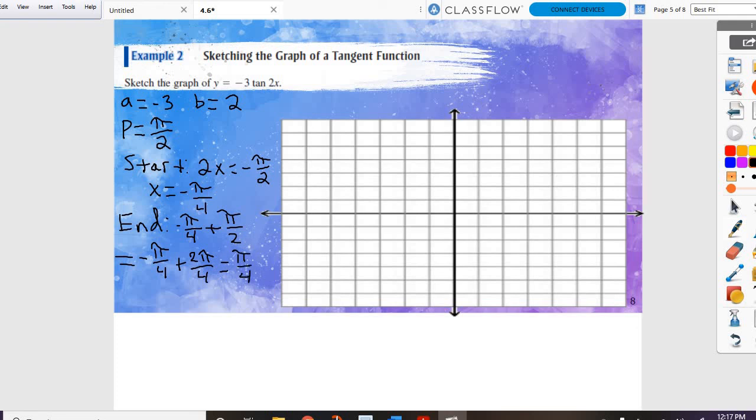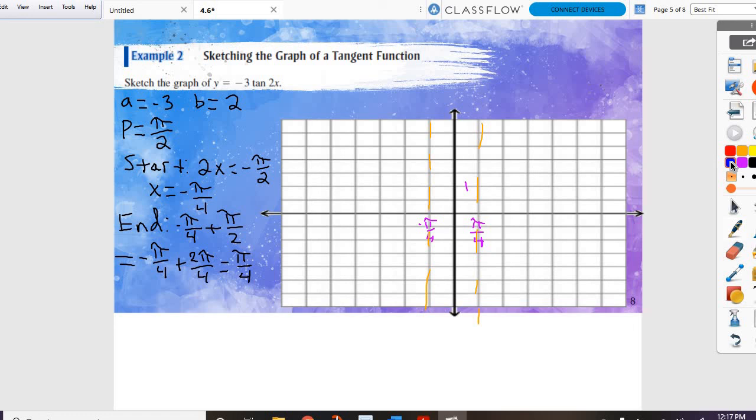Agreed? Alright. So I'm going to go ahead and set those up. So we start and end at what type of thing on our graph for tangent? An asymptote. So I'm going to draw my asymptotes at negative pi over 4 and pi over 4.